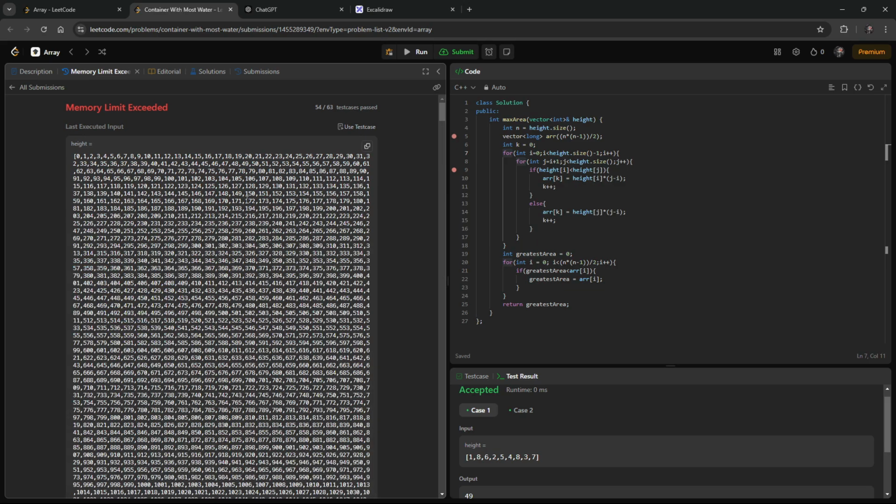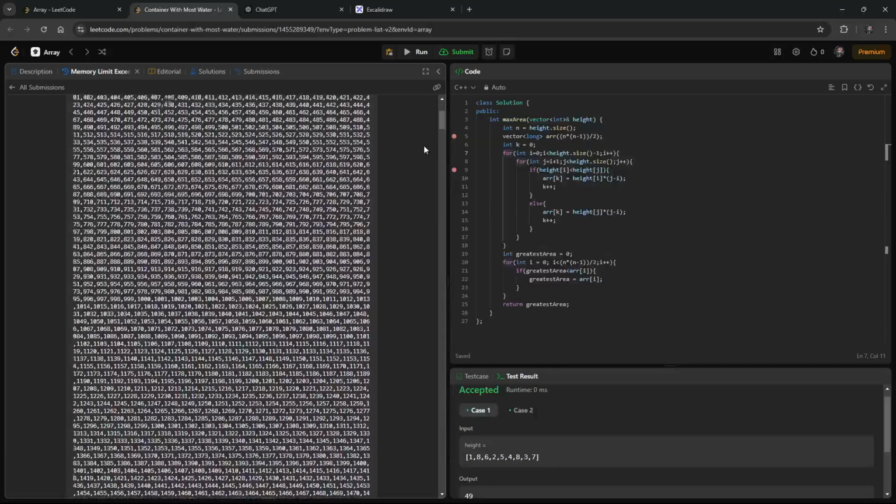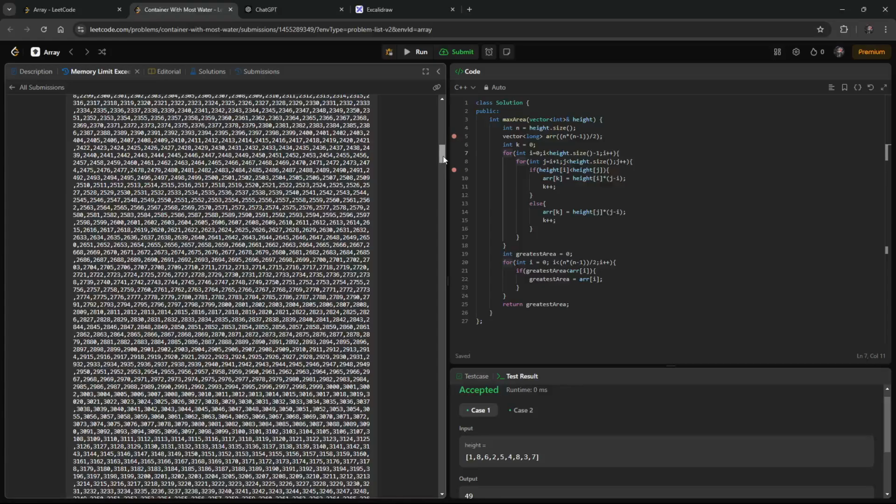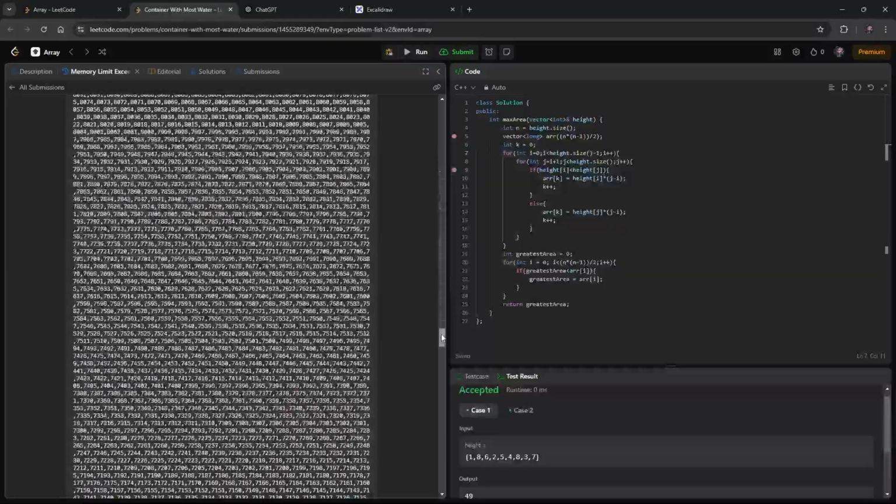So does this contain repeated elements? 1, 2, 3, 4, 5, 6, 7, 8, 9, 10, 11, 12, 13, 14, 15, 16, 17, 18, so it doesn't have any repeated elements, right? So we can't eliminate any repeated element. So that's not the solution.